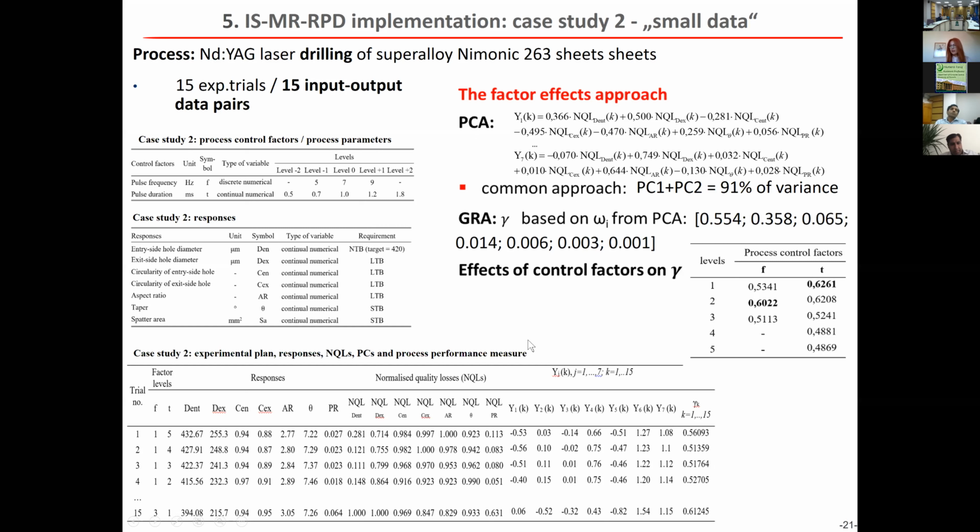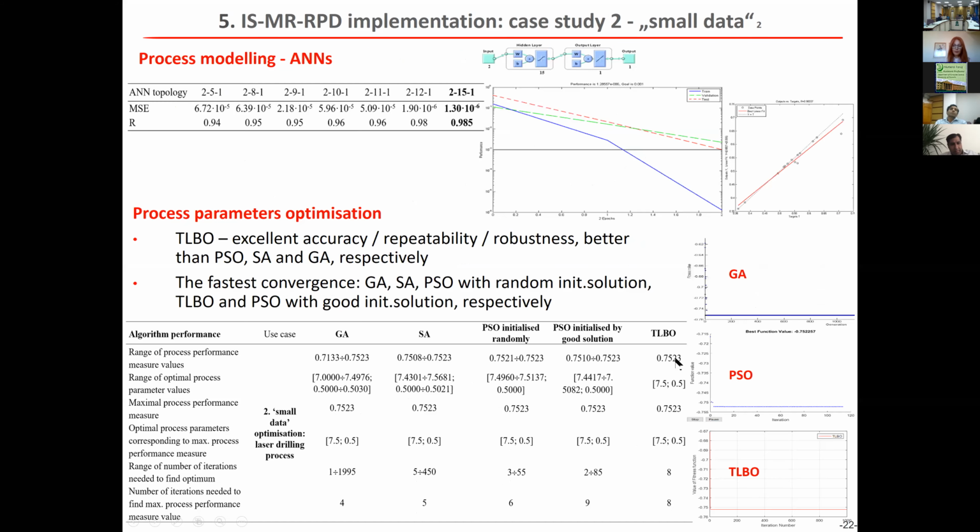Then I applied again these 4 algorithms to actually find the optimum. Again, TLBO resulted with the best result. It showed excellent accuracy, repeatability, and robustness.